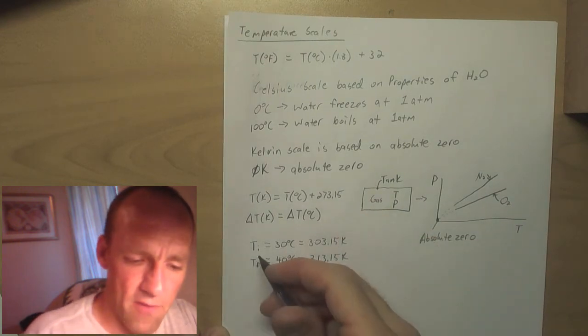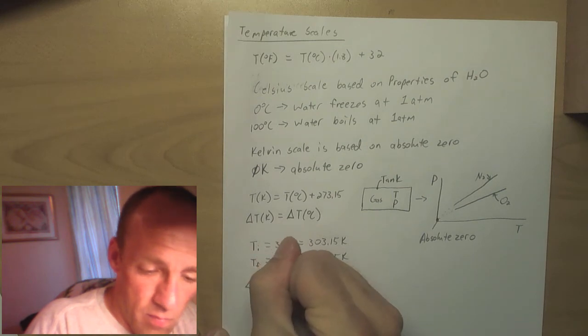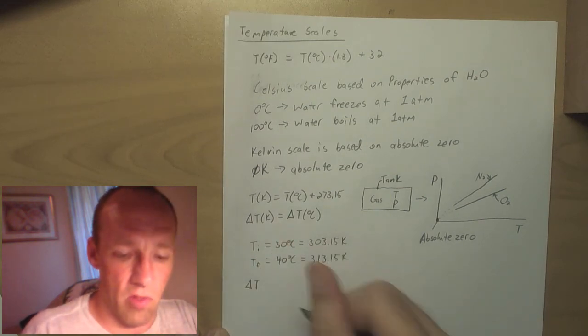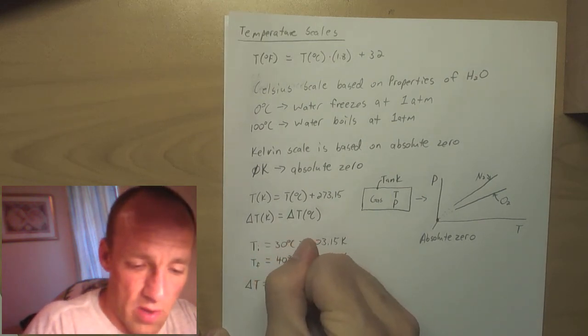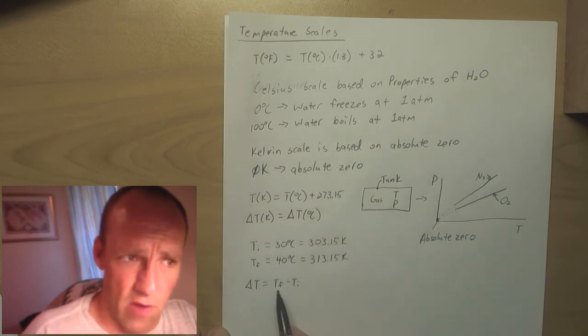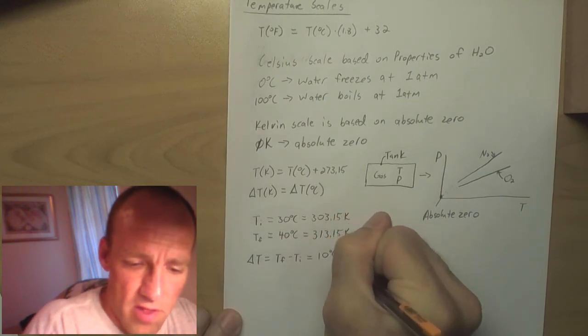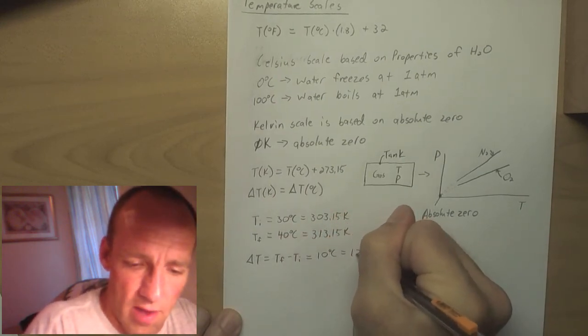Okay, but then if I want to know the change in temperature during this process, which is just going to be T final minus T initial, that's going to be 10 degrees C, but it's also going to be 10 Kelvin.